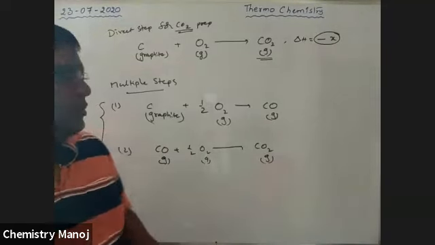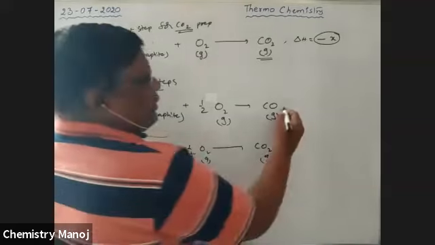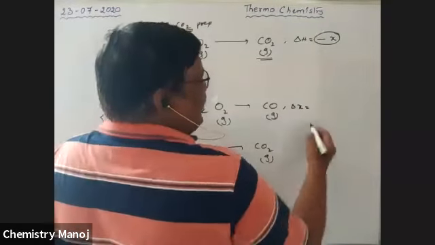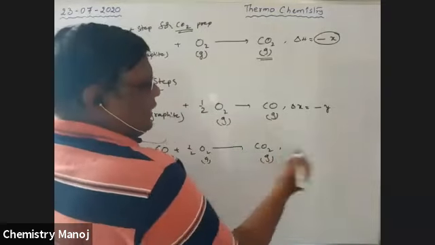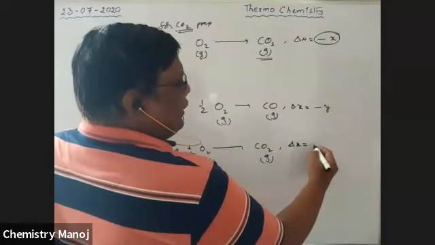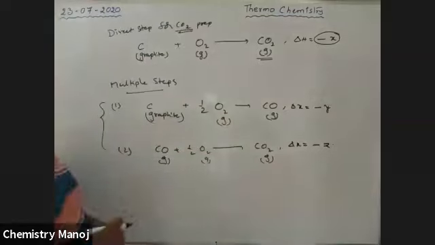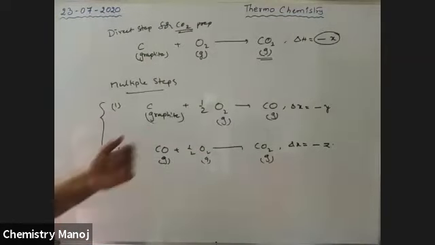Because these are separate steps, the energy values are, let it be minus y for the first and minus z for the second. So minus x equals minus y minus z.